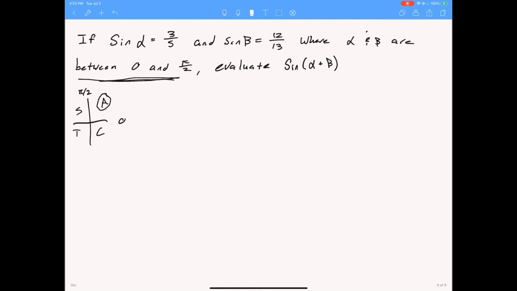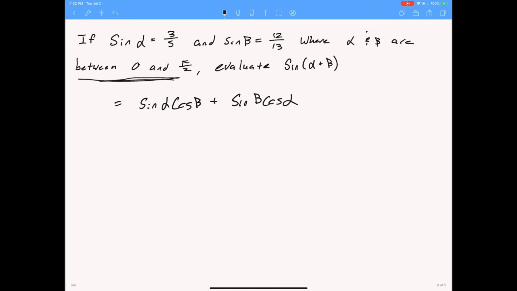So we don't have to negate anything. Now let's continue. So we'll rewrite sine of alpha plus beta as sine alpha cosine beta plus sine beta cosine alpha.